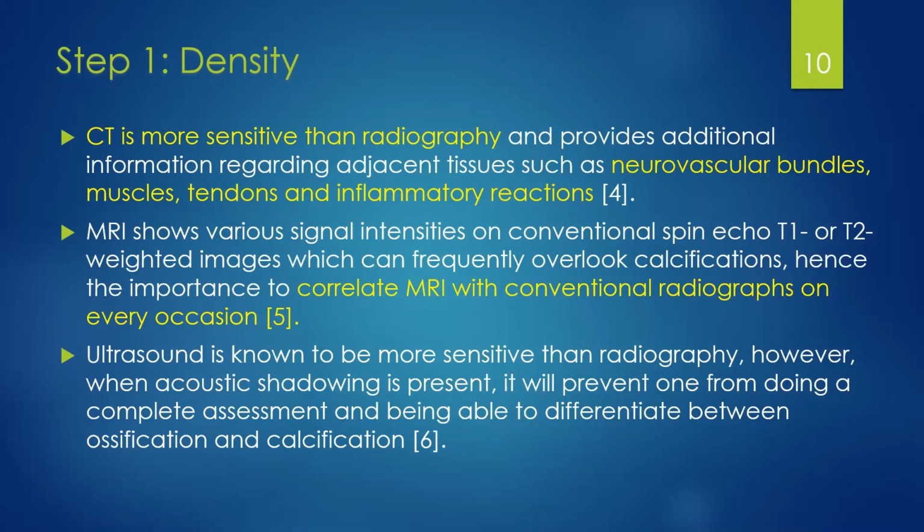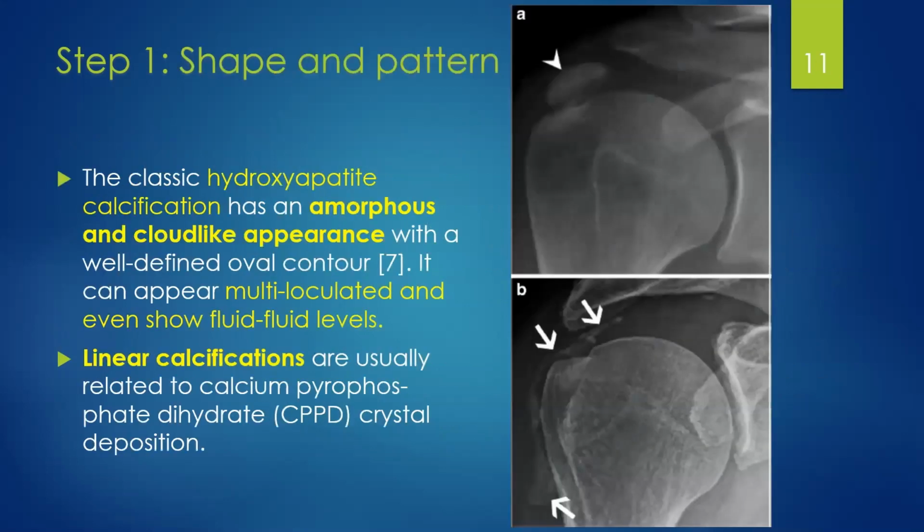Ultrasound is known to be more sensitive than radiography, however, when acoustic shadowing is present, it will prevent one from doing a complete assessment and being able to differentiate between ossification and calcification. So basically, the takeaway message here is that CT is better than radiography, but radiography is better than MRI and ultrasound when looking at osseous structures.